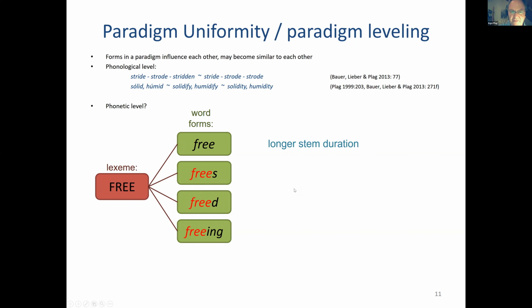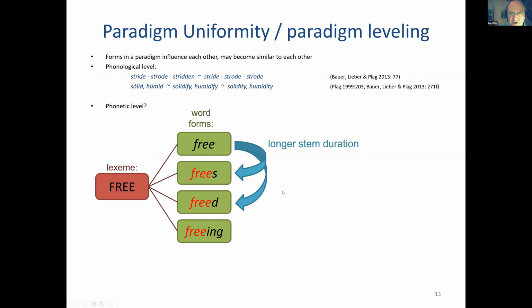Now, from this, we can then assume if free affects other words in its paradigm, the idea would be, if you want to pronounce freeze, third person singular freeze, that then the articulatory gesture of the longer stem free will affect how you pronounce free in freeze.